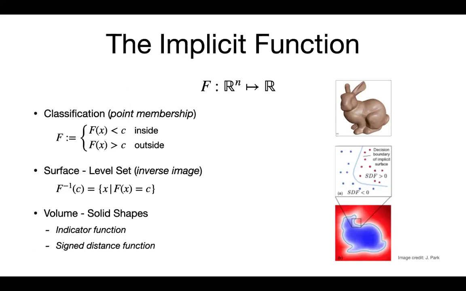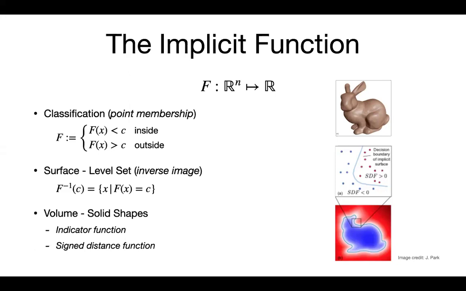And the surface is what we call a level set, because when you introduce this idea of level sets, I was saying that this c is an arbitrary level, and if I change the c, I'm going to have different levels, right?